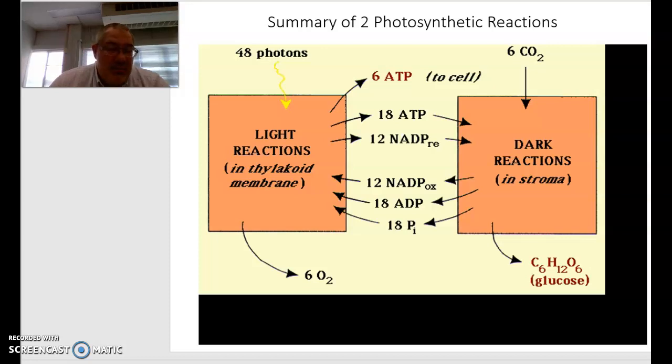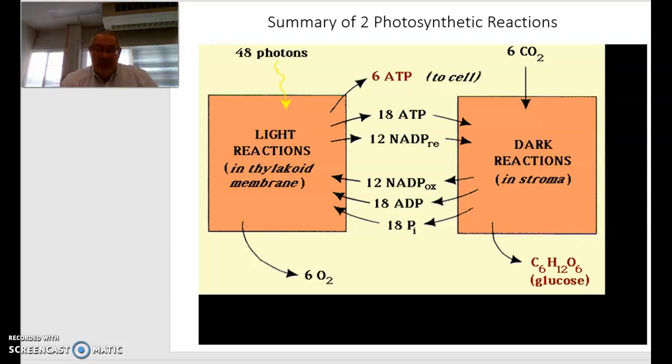And 6 carbon dioxides enter the Calvin cycle or dark reactions. And when that cycle turns 6 times, 1 glucose molecule can be formed. So that kind of summarizes how many molecules of CO2 and ATP and NADPH are required, and how many photons of light energy have to be absorbed.